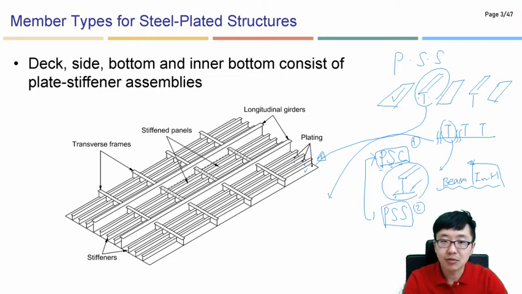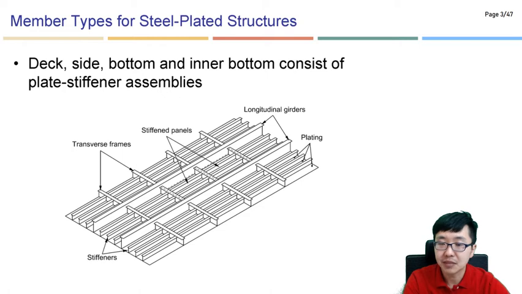But most of the time, we will focus on this one in this module. So you should be aware that this is plate, this is stiffener, this is the longitudinal direction. That's why we call them longitudinal girders. And here, these are transverse frames. So if those two, plate and stiffeners, are combined, we call them stiffened panels.